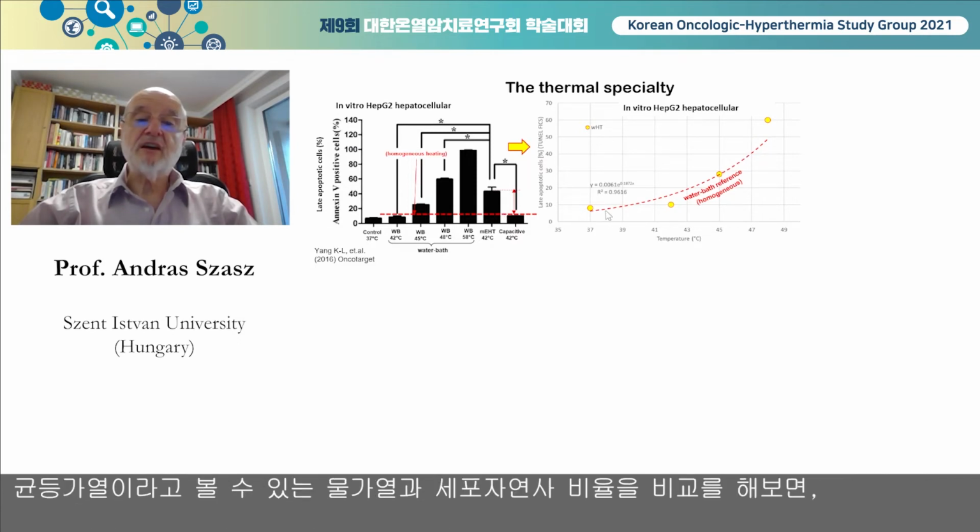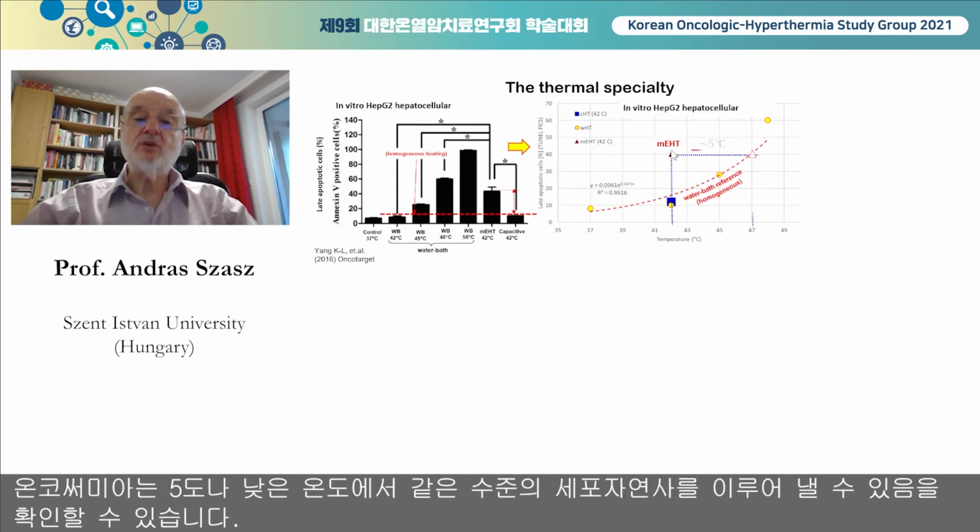So if we have a calibration, this is the water bath reference calibration, and here is the modulated electrohyperthermia, then you can see that modulated hyperthermia reaches the same apoptotic level at a 5 centigrade lower temperature than the general homogeneous heating.